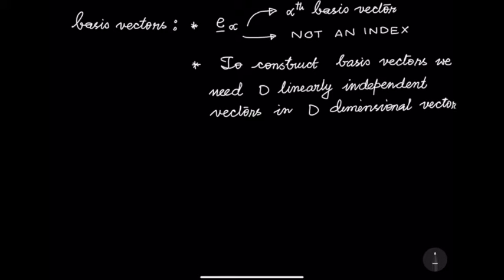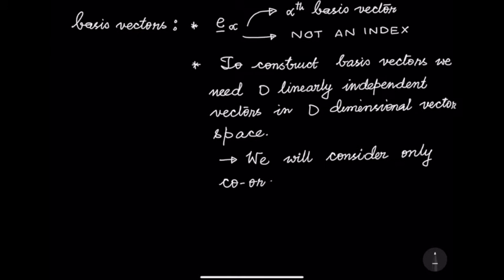So it is not necessary that these vectors have to be a very special type. Any d linearly independent vectors in a d-dimensional vector space will form a set of basis vectors. However, we are not choosing any basis vectors. We will consider in this almost entire discussion only coordinate basis vectors.